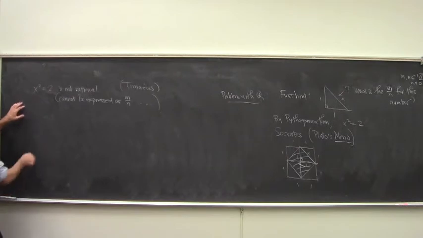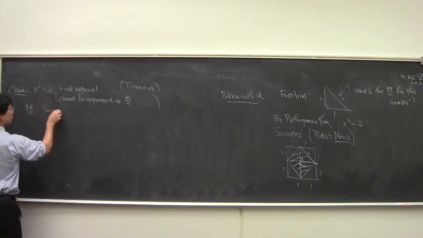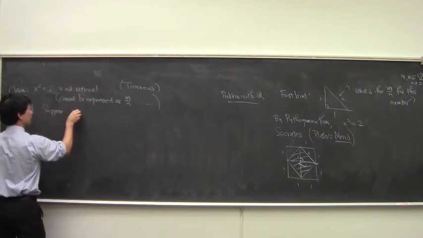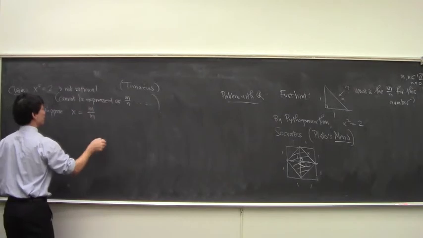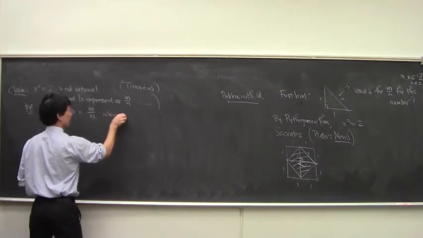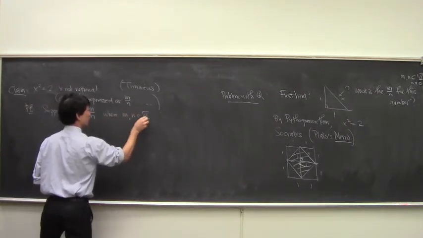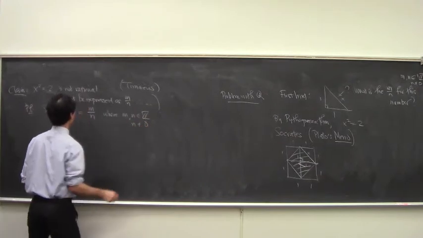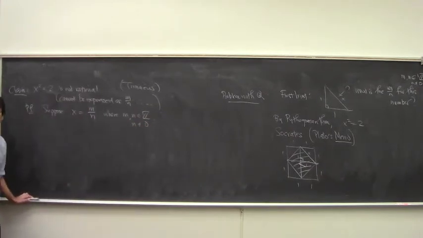Okay, so here's the argument. Suppose that x actually is rational, x equals m over n, where m and n are in Z and n is not equal to 0. Suppose it can be expressed as a ratio.